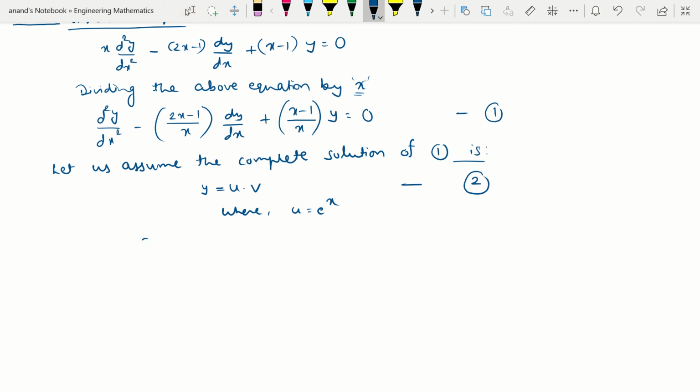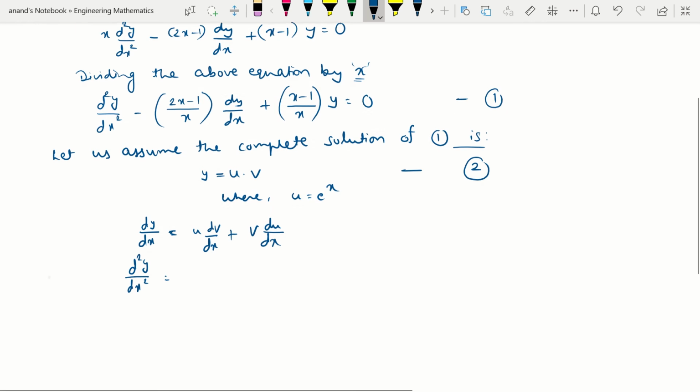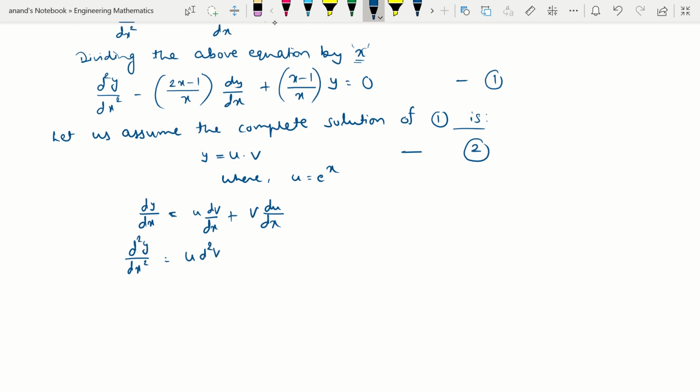We obtain dy by dx as u dv by dx plus v du by dx, and d2y by dx2 as u d2v by dx2 plus 2 du by dx dv by dx plus v d2u by dx2.